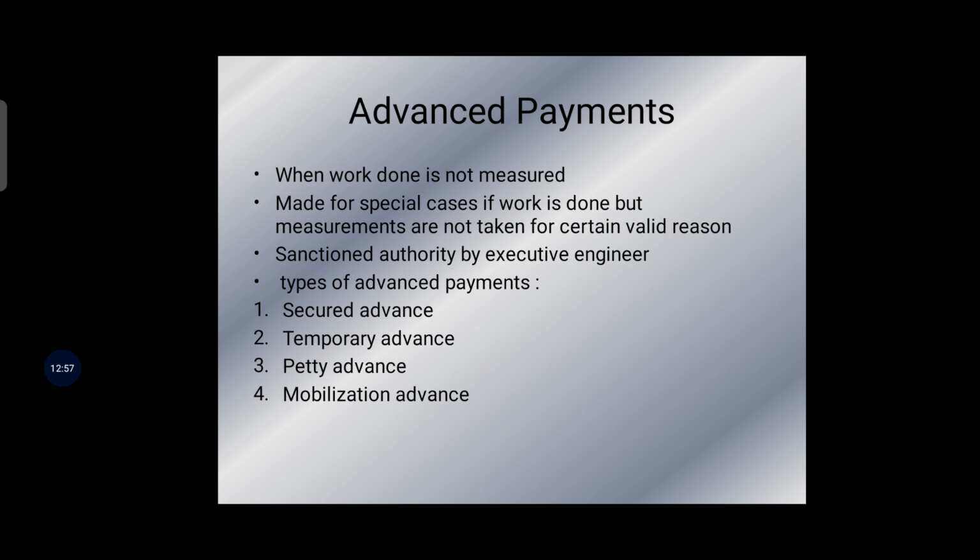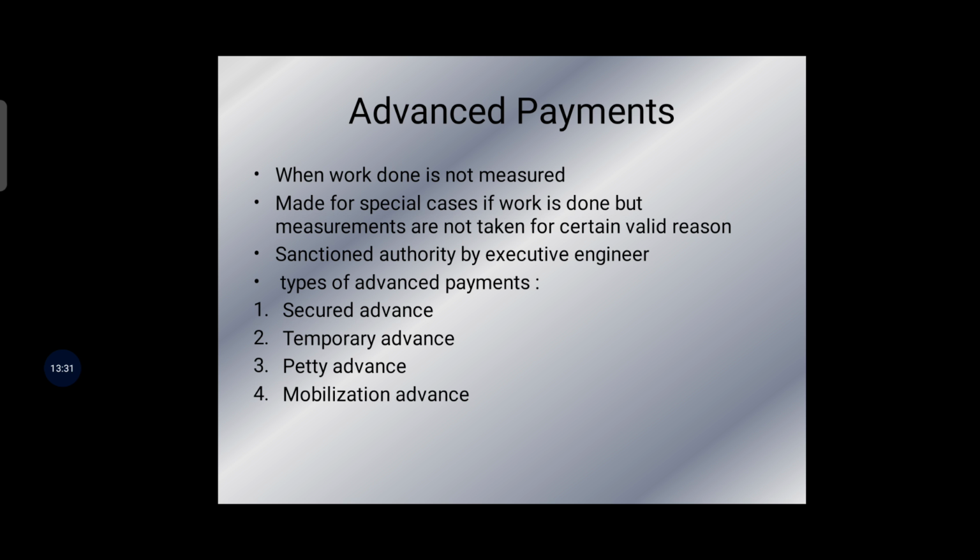The assistant engineer has to give a certificate mentioning the value of work done. On the strength of this certificate, 75% of the payment is made to the contractor. The officer signing the certificate should be of the rank of assistant engineer, who is held responsible for any overpayment.